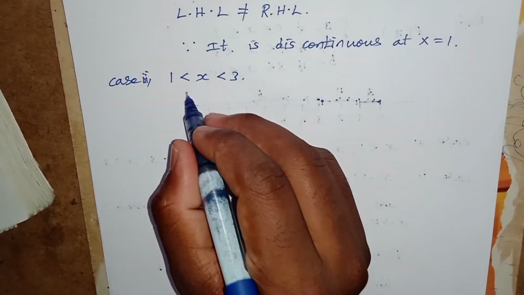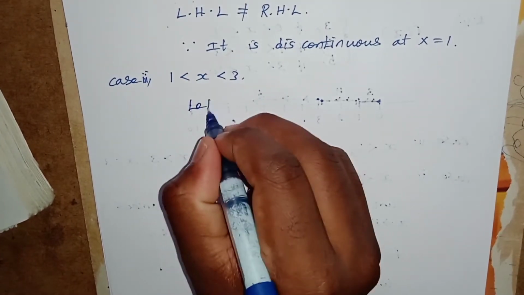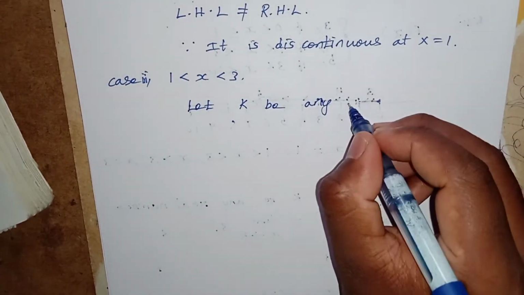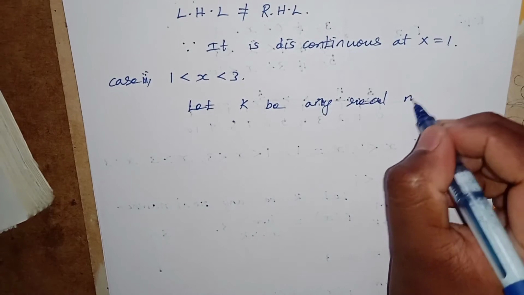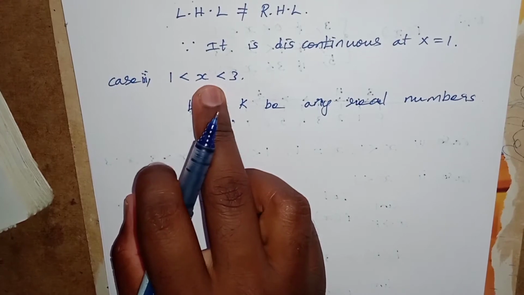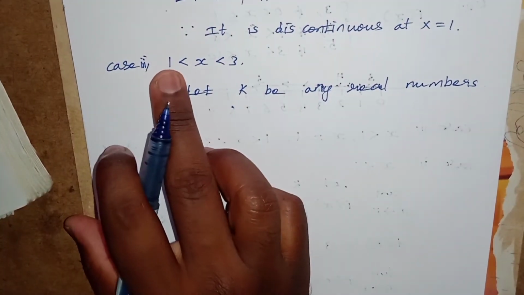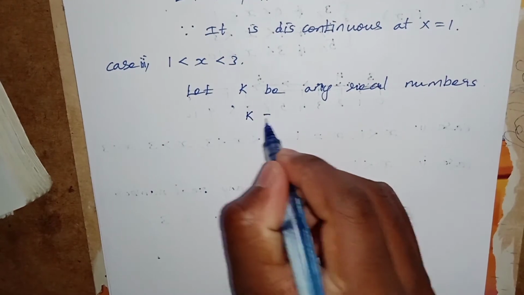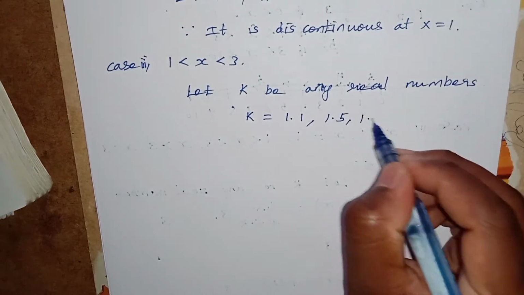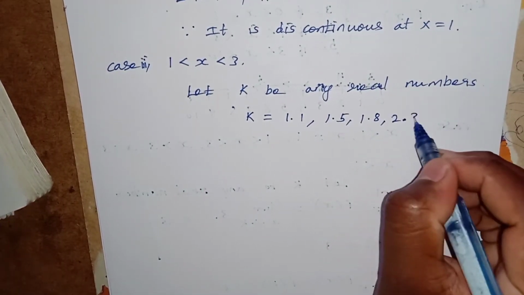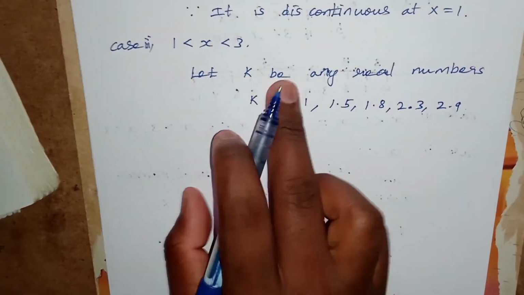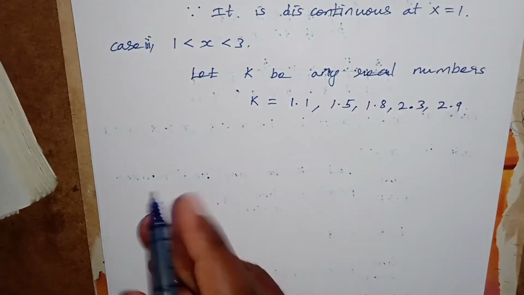So in this case you have to take, let k be any real number. Here it is not at a point. You can take any value from 1.1 to 1.5, 1.8, 2.3 up to 2.9. You can choose any one value. So I am taking, let k be any real number.